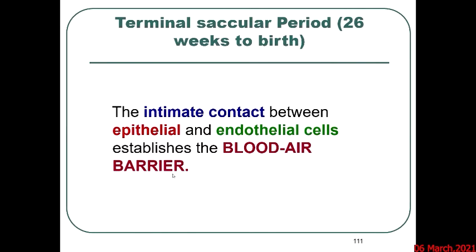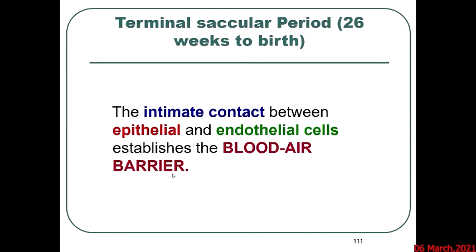Now, the intimate contact between the epithelium and endothelial cells of the capillaries establishes a blood-air barrier. So what is the blood-air barrier? The lining epithelium of the alveoli, the basement membrane of the lining epithelium, the interstitial space, the basement membrane of the capillary endothelium, and the capillary endothelium. The capillary endothelium is simple squamous, very thin.